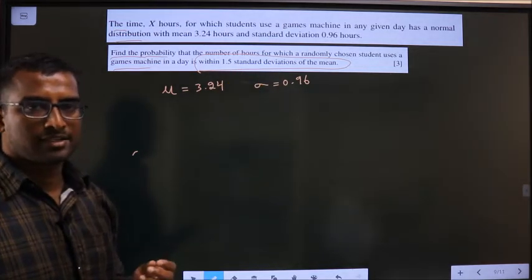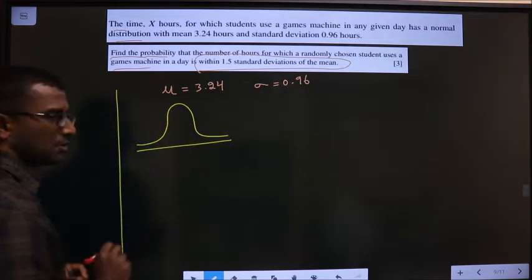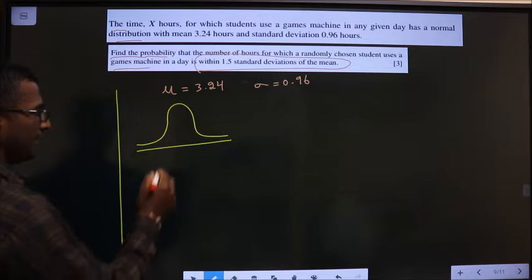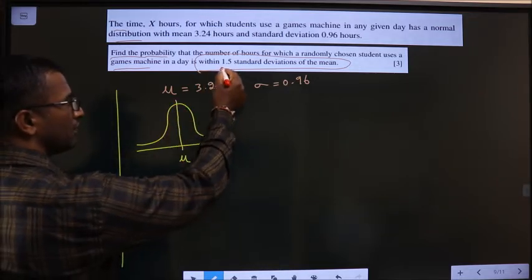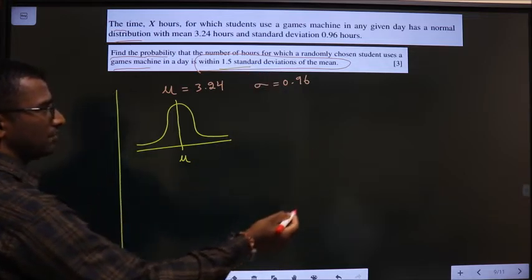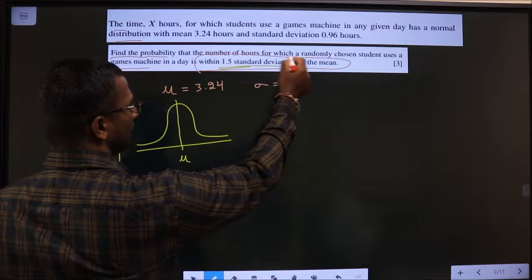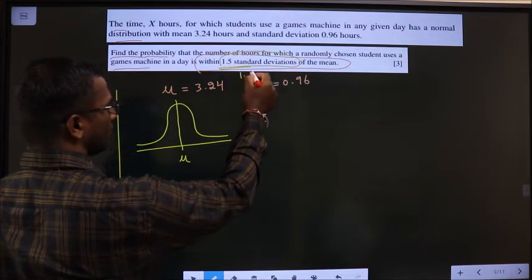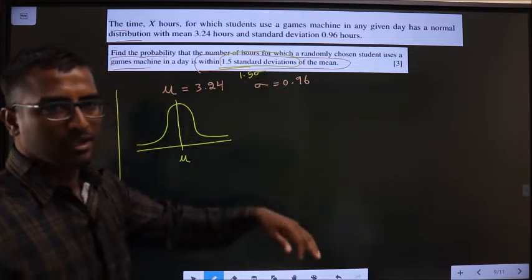And how do you understand what it means? See, if I take a normal distribution curve and here is the mean, he said within 1.5 standard deviations of the mean. 1.5 standard deviations means 1.5 times the standard deviation from the mean.